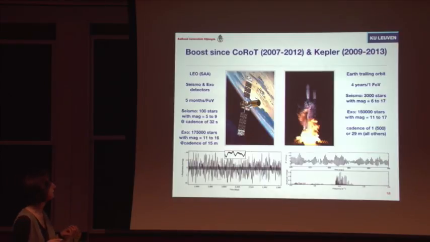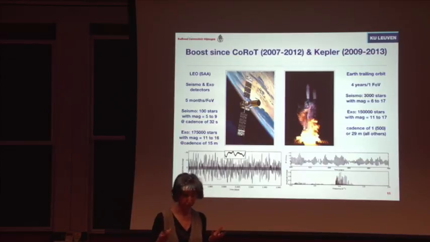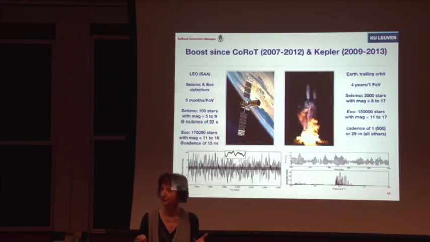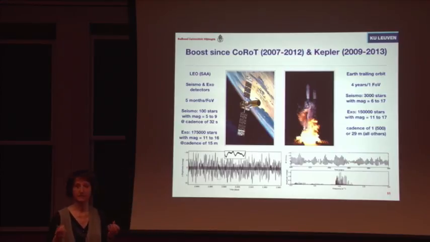Well, we have received an immense boost. It's really a nice period to be an astroseismologist in these years. Because we have two space missions that were originally designed and sold and are also doing exoplanet hunting. So what do you need? You need ultra-high precision when a planet passes in front of the star, that you can see transits, parts per million precision.